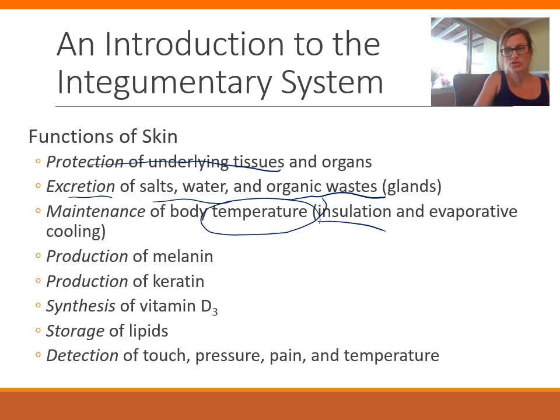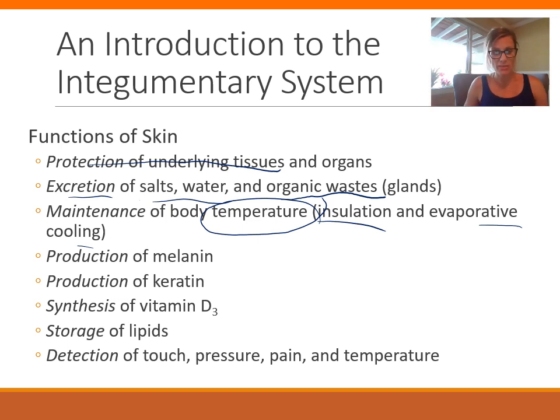And then also evaporative cooling. That means when we sweat and release the sweat onto our skin surface, as that sweat evaporates, it cools the body down. So the integumentary system is really important in cooling the body when it gets too warm.